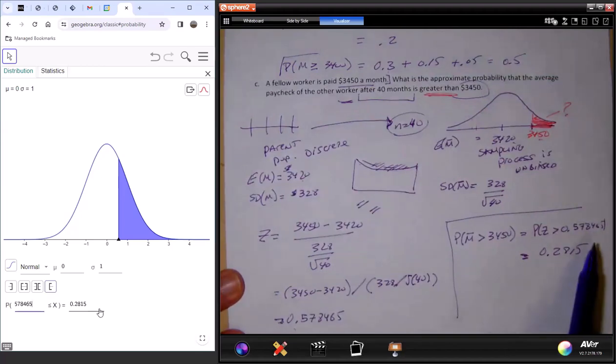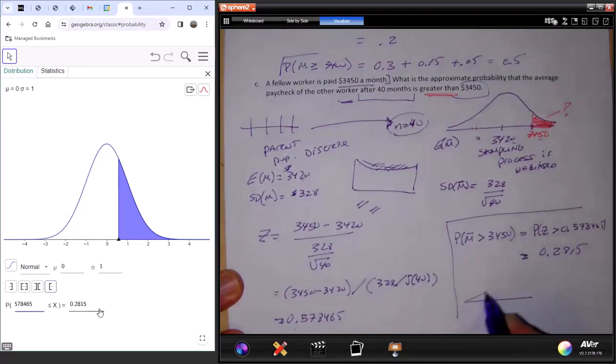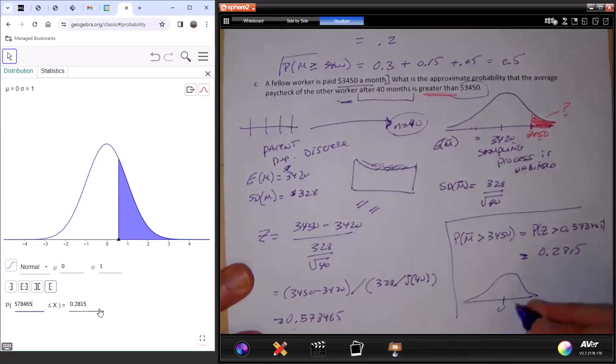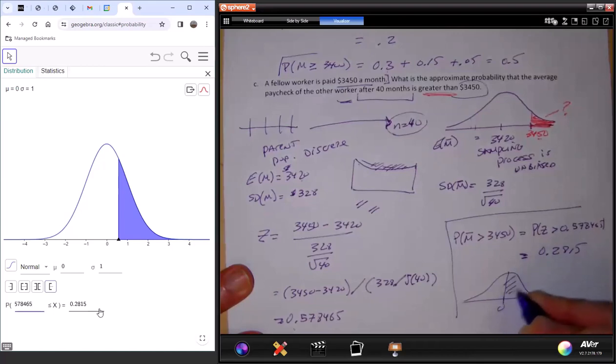Notice another thing to really consider. And this is important for later. It's going to be very important. We know that if it's at the mean, this is 50%. But we're about 0.57 away, and you would think it would be close to that, but it's not, is it?